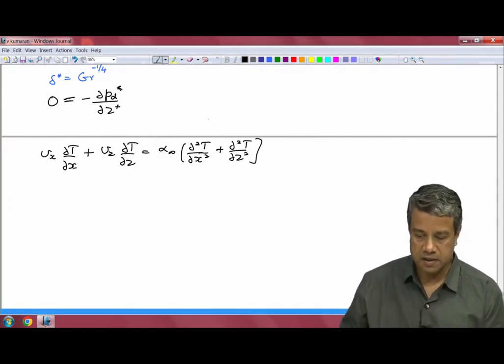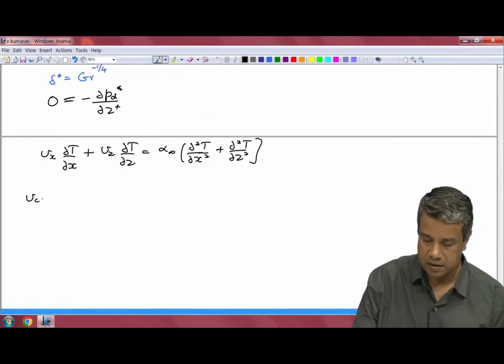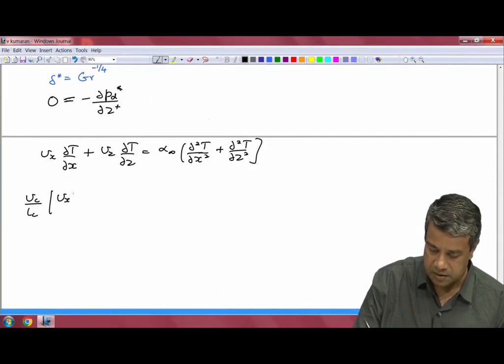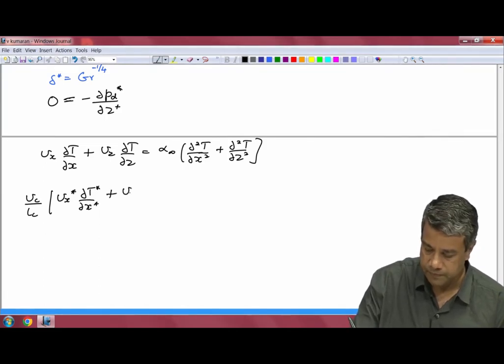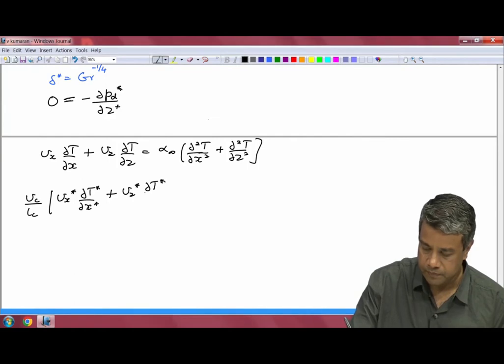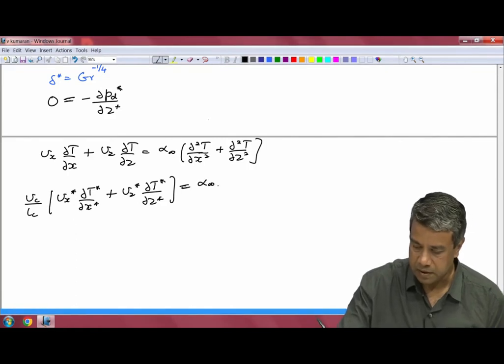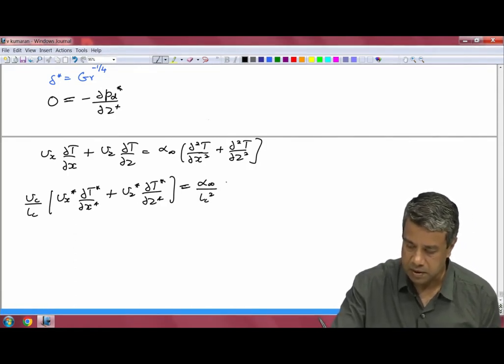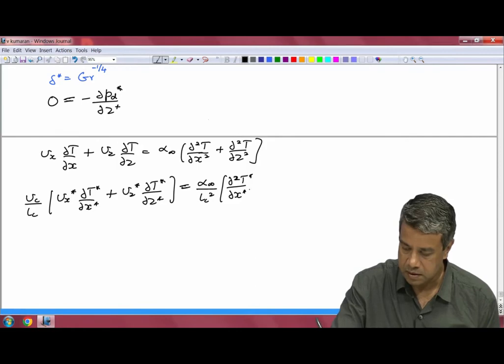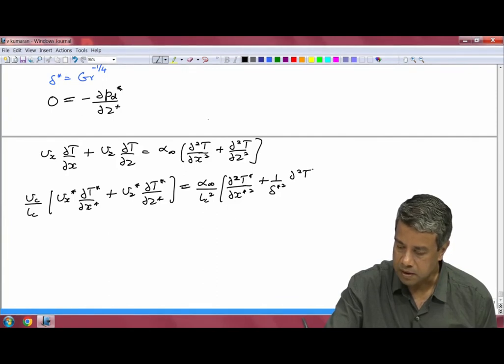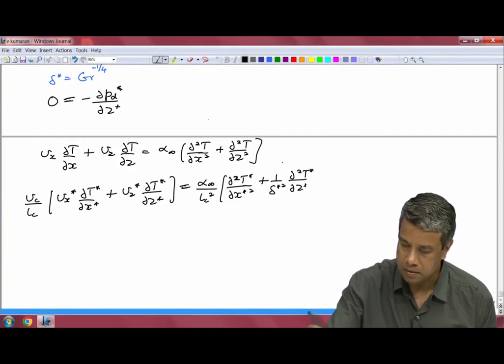On the left side you will get Vc by Lc into Vx star partial t by partial x, is equal to alpha infinity by Lc square into partial square t by partial x square plus 1 by delta square partial square t by partial z plus square.